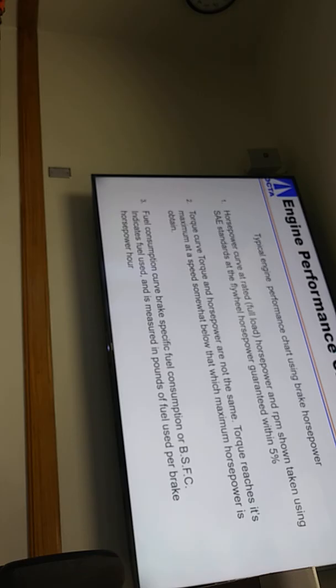We'll call this significantly lower. And you operate at peak torque all the time. Peak torque usually means better fuel economy, less emissions, and lower exhaust temperatures.